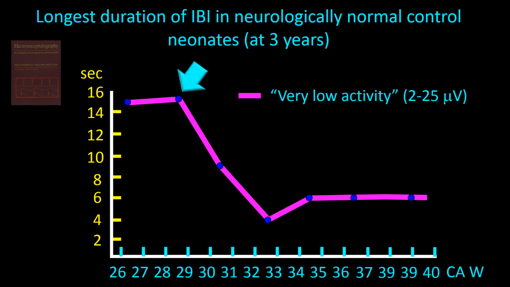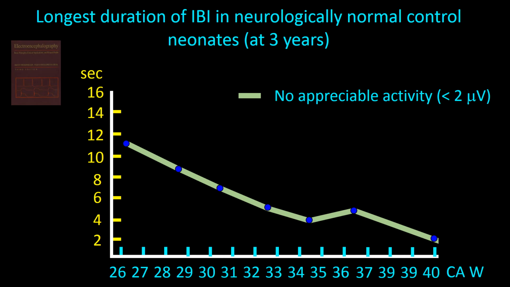It was about 15 seconds between 26 and 29 weeks conceptual age. That is, the duration of the interburst interval was 15 seconds in this age group. It dropped precipitously between 29 weeks and 33 weeks. And it hovered about 6 seconds from 35 weeks until 40 weeks.